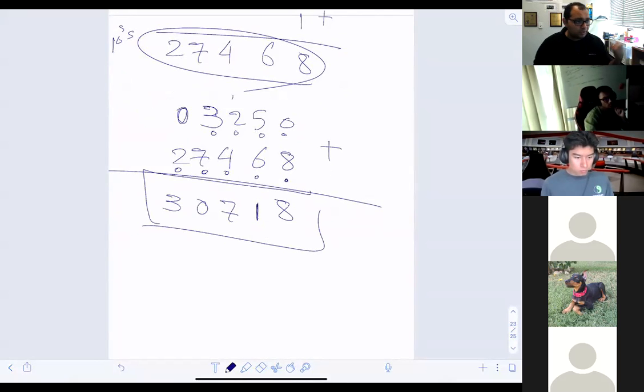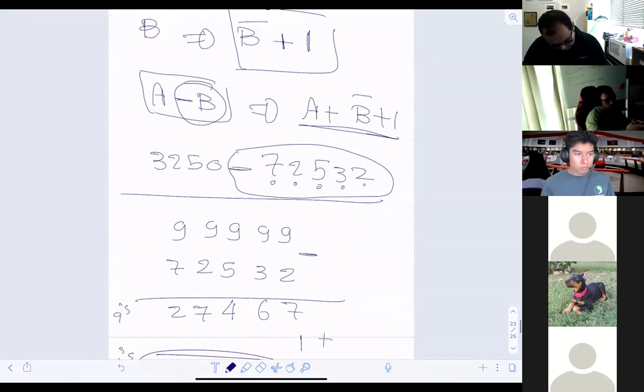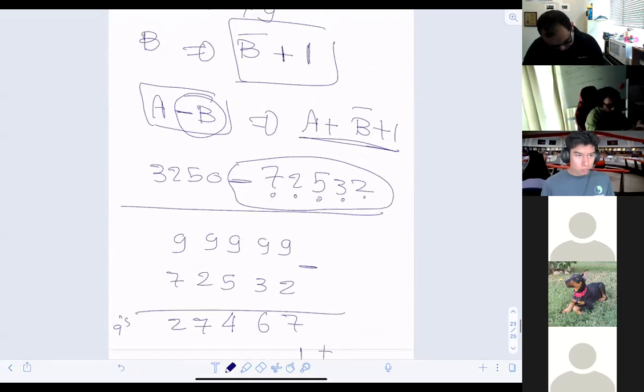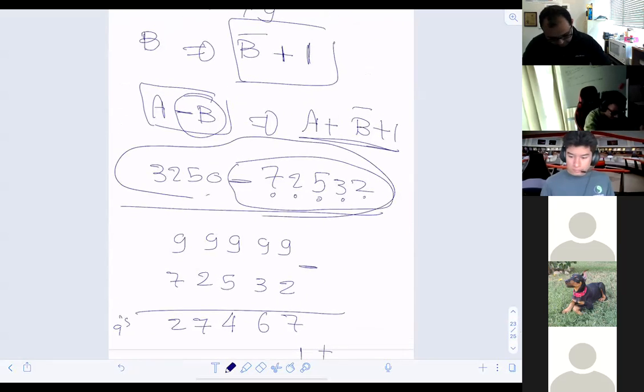Let's go and do the subtraction and see whether this number would be the same or not. So what was the value? We were subtracting something from something, right? That was 0, 3, 2, 5, 0 minus 7, 2, 5, 3, 2.